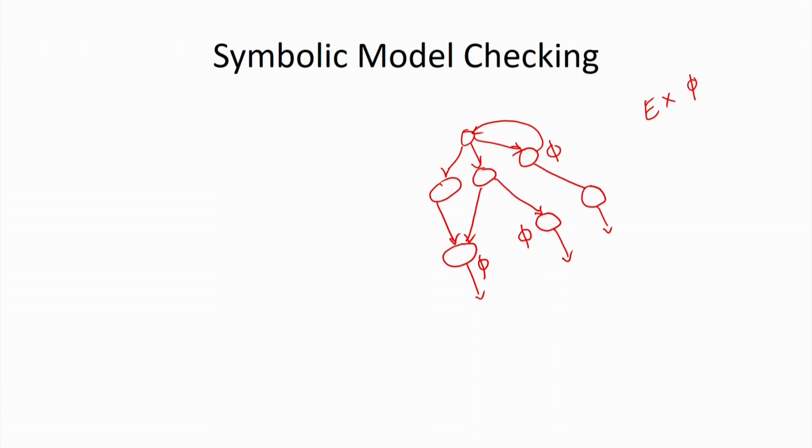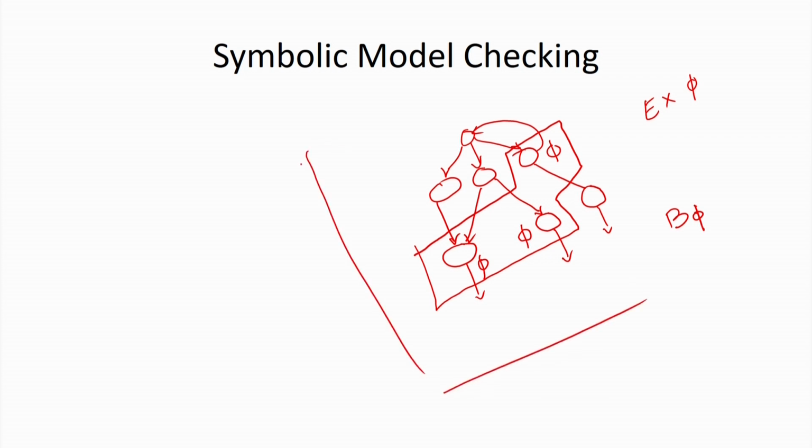That gives us this particular set of states, which is B phi, the starting point. We also have the BDD representation of the entire state space, which is B arrow. Now we apply the model checking algorithm.